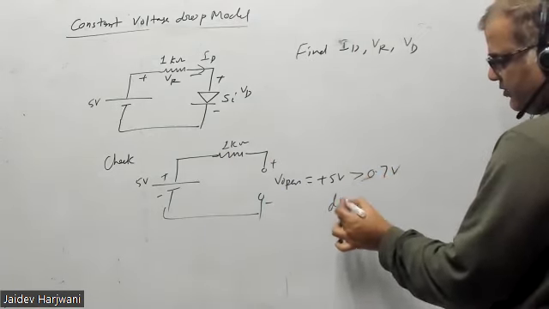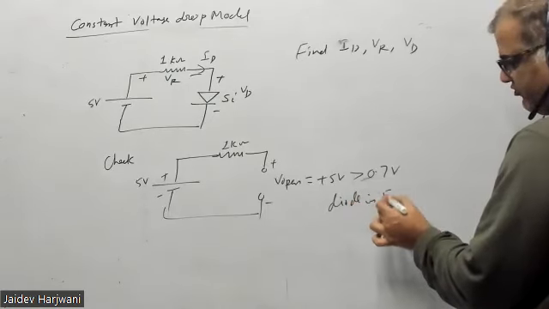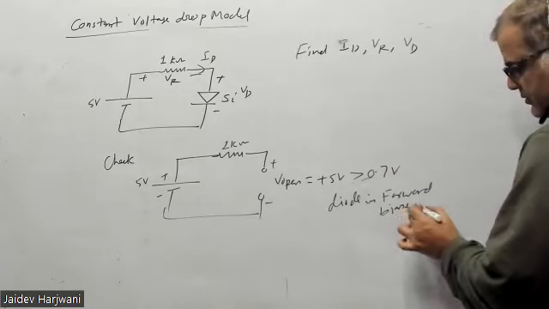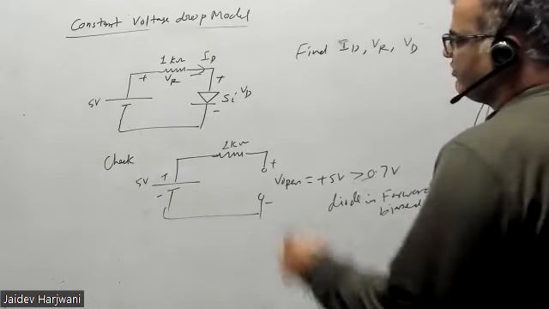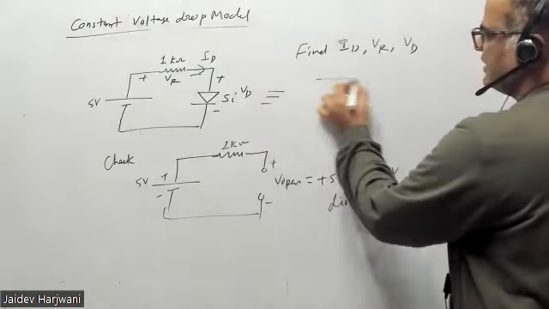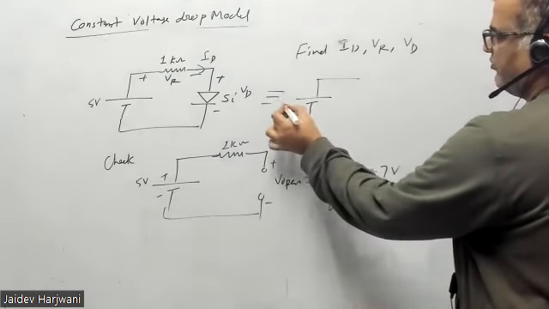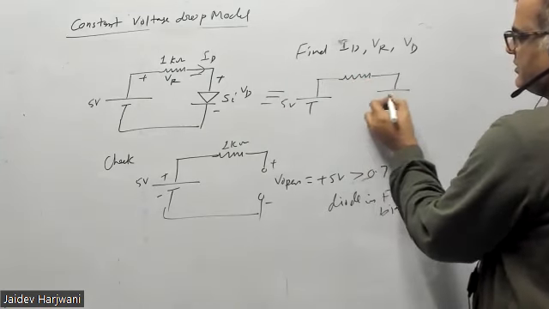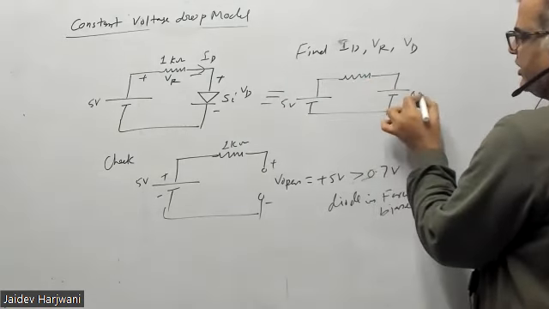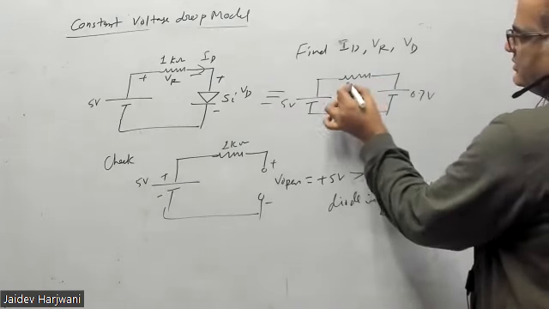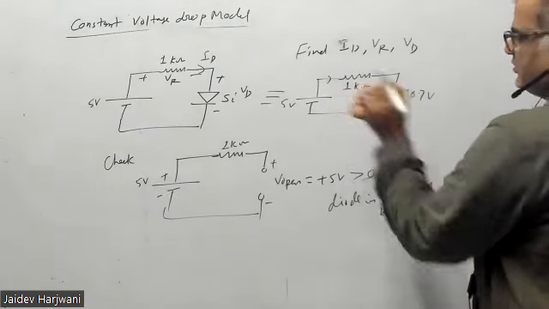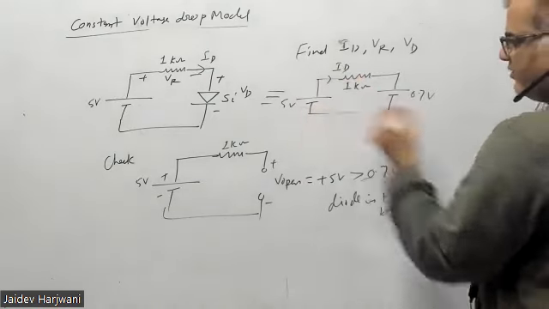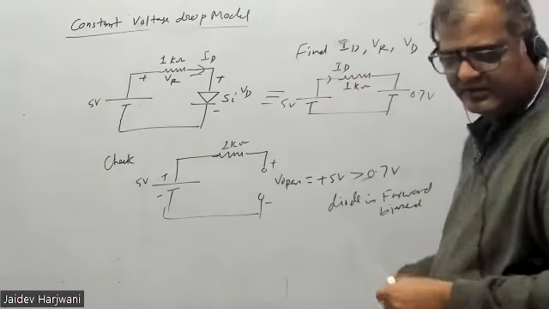The diode is forward biased, so you can now replace the diode by a 0.7 volt battery, with the 5 volt source and 1 kilo ohm resistance. Tell me, what is the ID value now? What is ID, what is VR and what is VD?